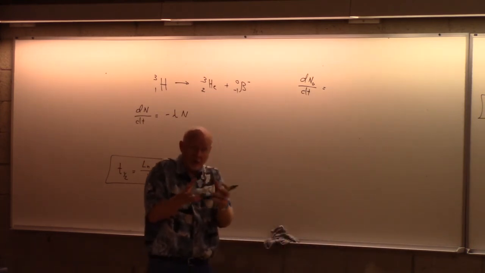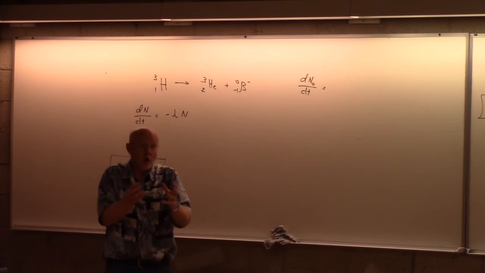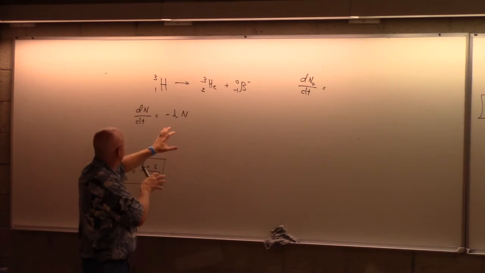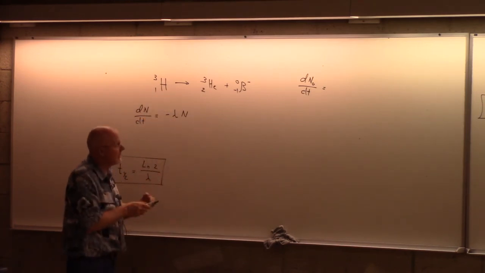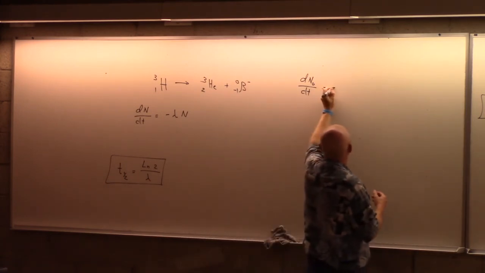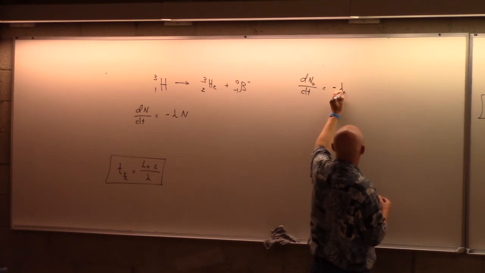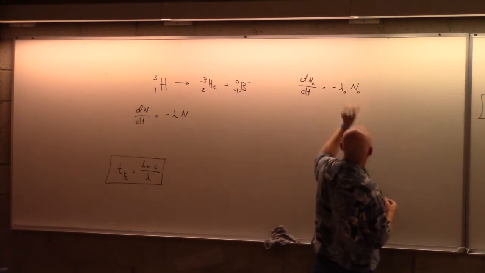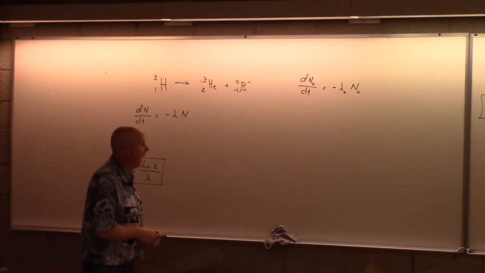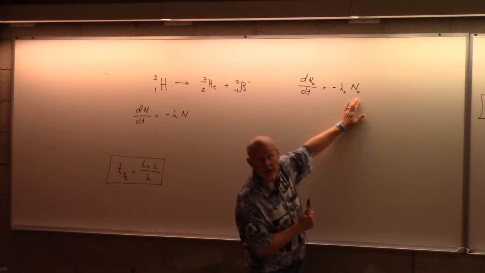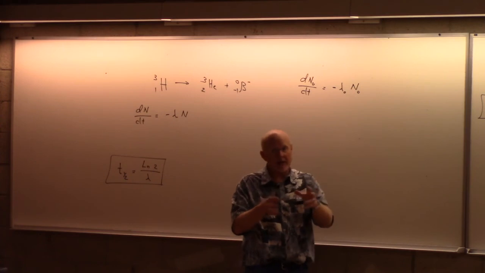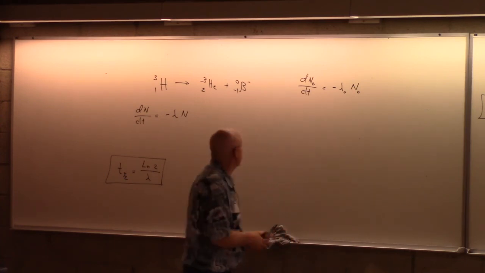This is when you first build, I'll call it a probe to Mars. If we're working for NASA and we're building this probe to Mars and we first inject a bunch of tritium, there's going to be this initial rate. That should be equal to minus lambda naught times the initial number of atoms that you start with. And I can solve for how many atoms I start with, and then knowing the mass of each atom, I can get the total mass of it.